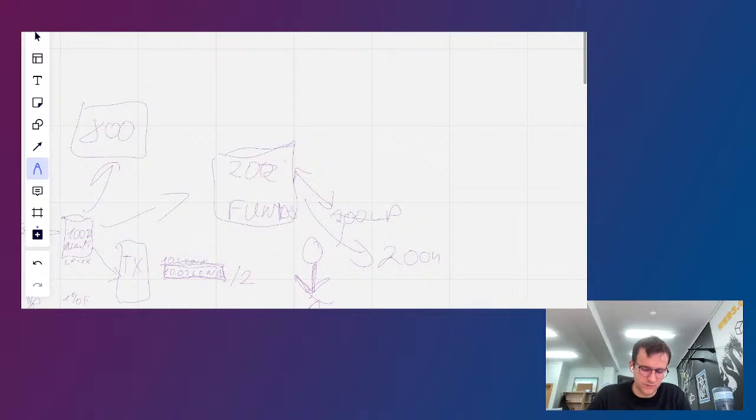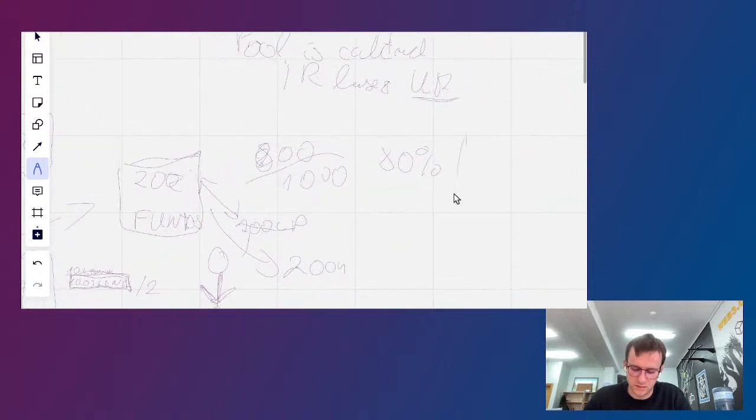To fight this risk, as I mentioned previously, the pool is calculating interest rates based on utilization rate, which means if there are 800 out of 1,000 borrowed, so utilization rate is 80%, interest rates are rising extremely higher.